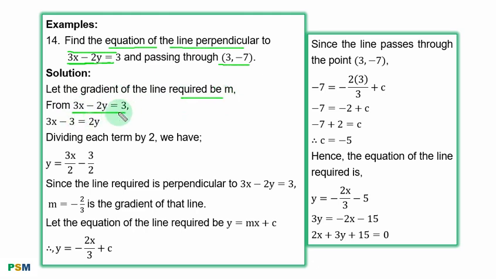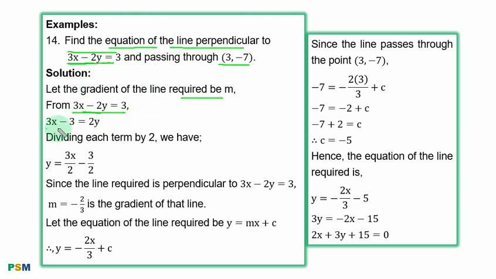From here, you write it in intercept form, that is y equal to mx plus c, for you to get the gradient. To do that, you simply solve for y. So let's transfer minus 2y to the right and 3 to the left.